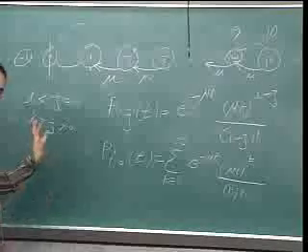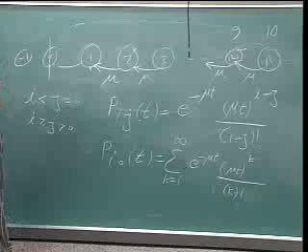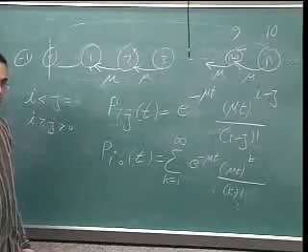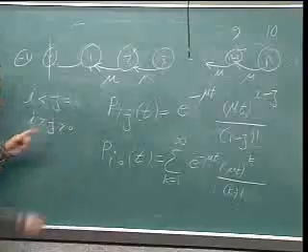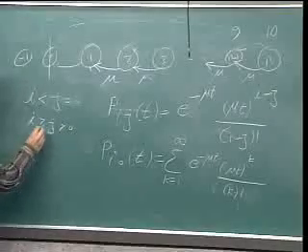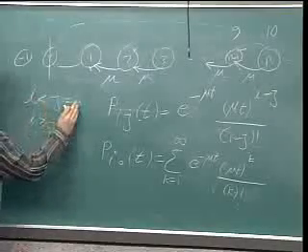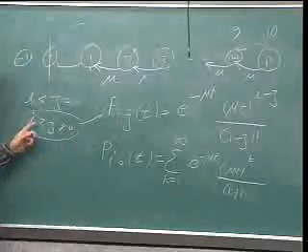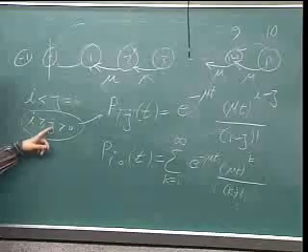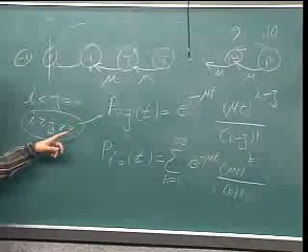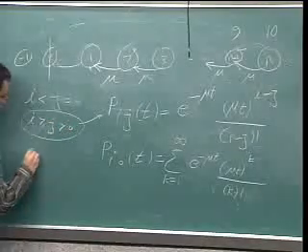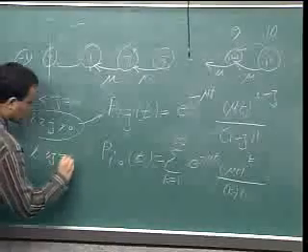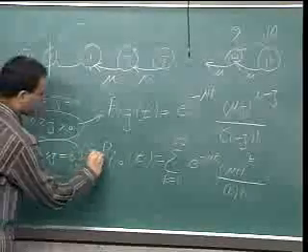Is it clear what's happening here? Yes? The answer for P_ij(t) is, so there are different cases. This case is when I is greater than or equal to j and j is strictly greater than 0. When I is greater than or equal to j, and j is equal to 0, it would be this case.